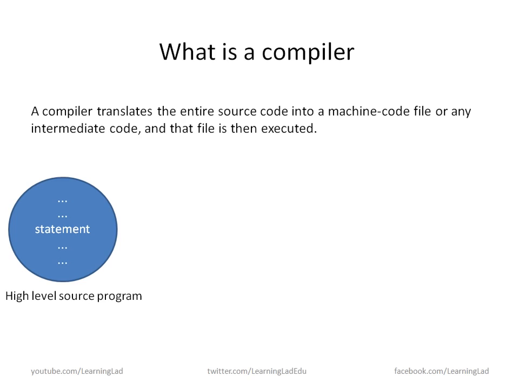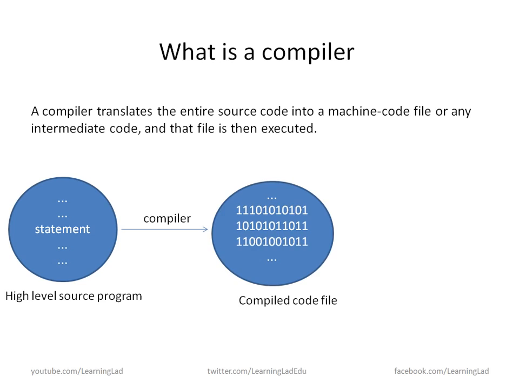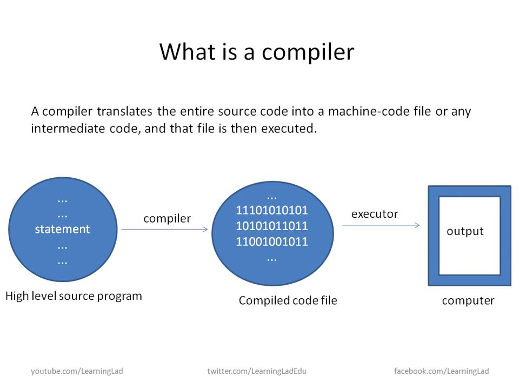First we have the source code written in a high level language such as C++ or Java, and then we use the compiler to translate this code to machine level code or another intermediate form, which will be an optimized form of the source code, and then we use another program called an executor to execute the compiled code.